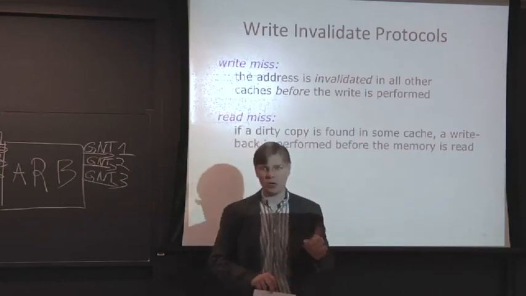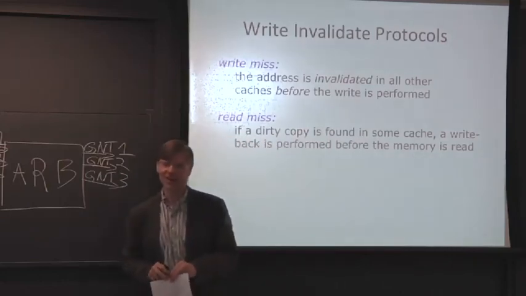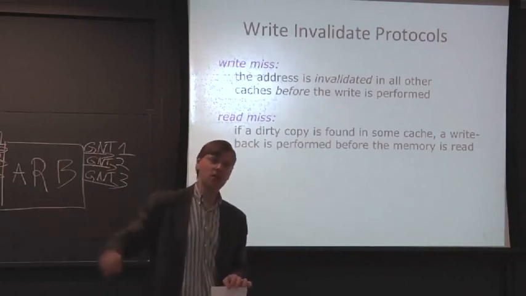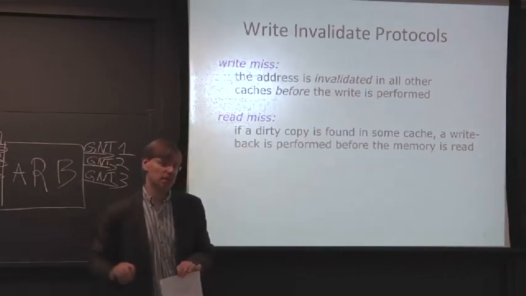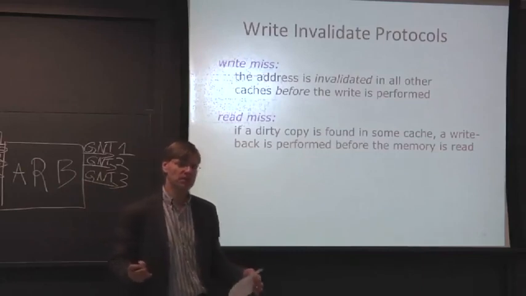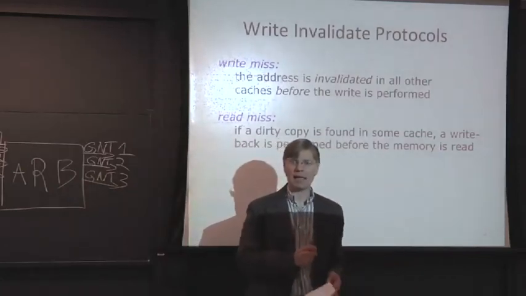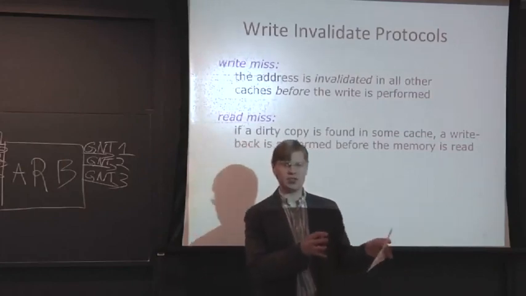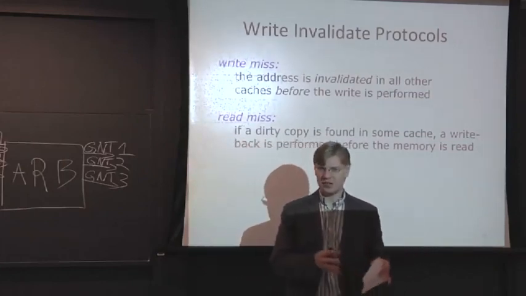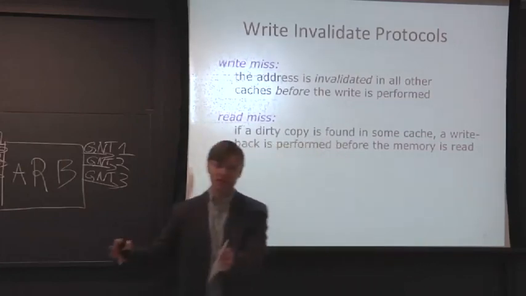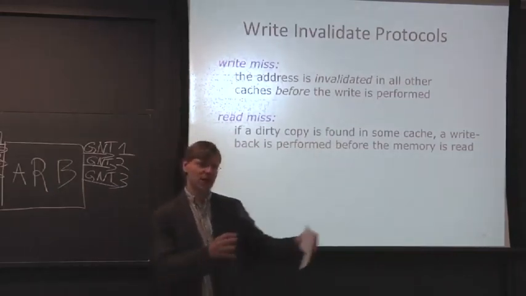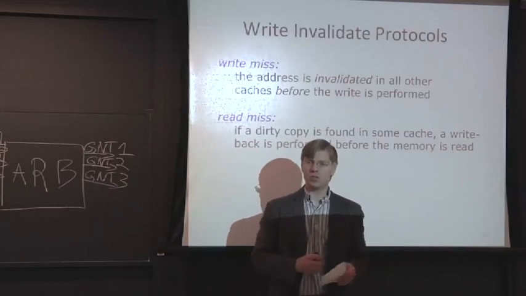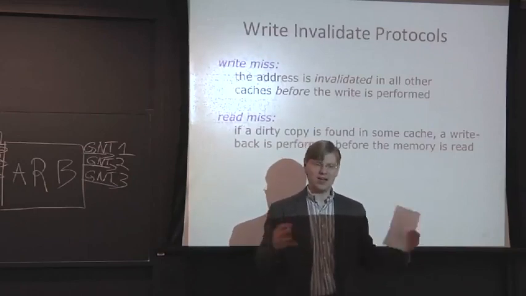Now, I want to point out that one of the things you might have to do when you go to do the invalidate is actually write back that data to main memory somehow. Because if you have, let's say, a write back cache and a different processor has a dirty piece of data, say for address 5, and then processor 1 tries to write that data, at some point you need to merge the data in a cache line.